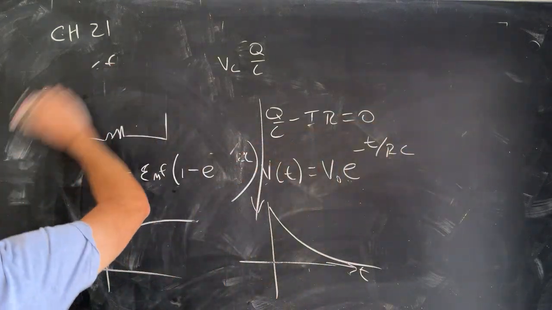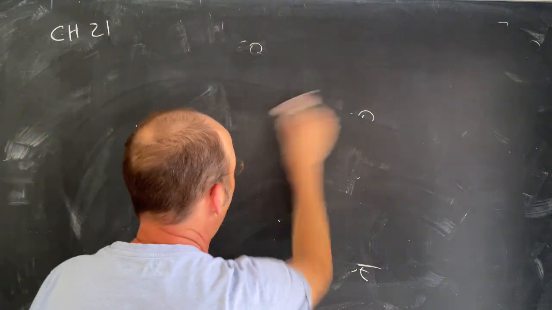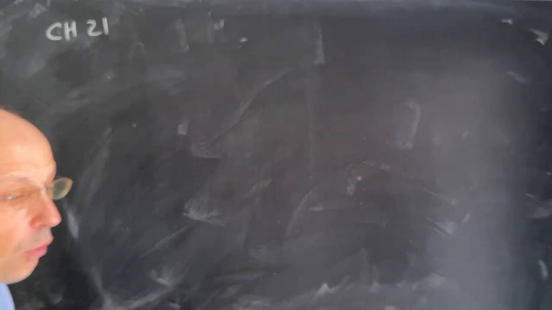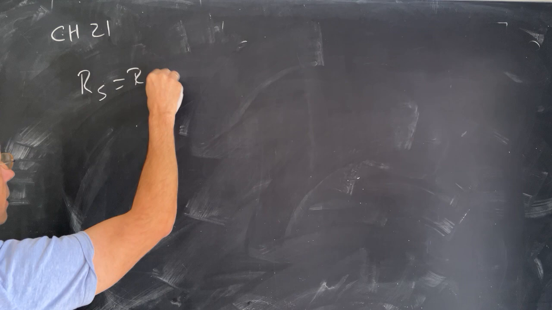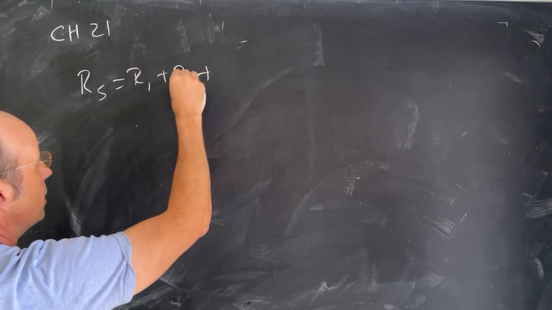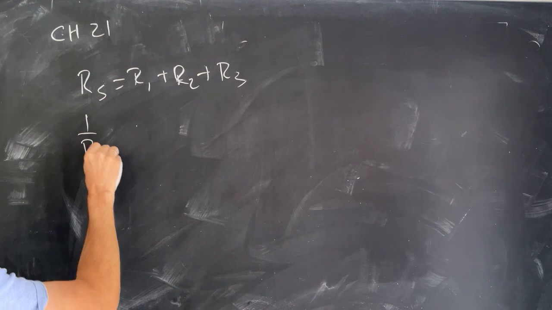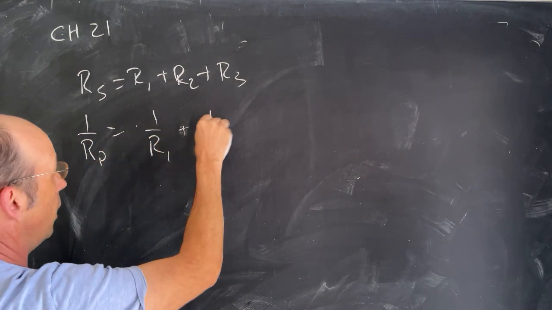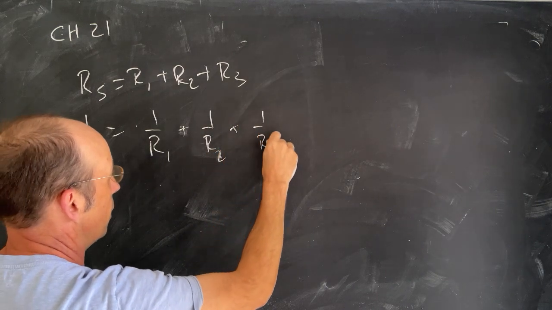Okay, let's do a quick chapter summary. What are the most important equations in here? First, the equivalent resistance in series is the sum of the resistors. The equivalent resistance in parallel is 1 over R equals 1 over R1 plus 1 over R2 plus 1 over R3.